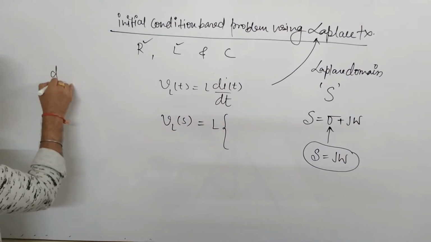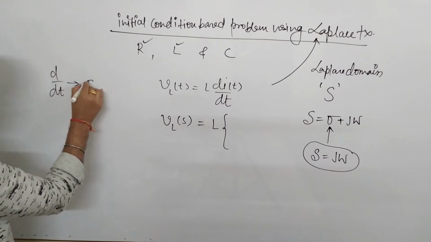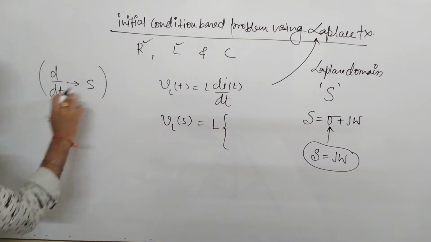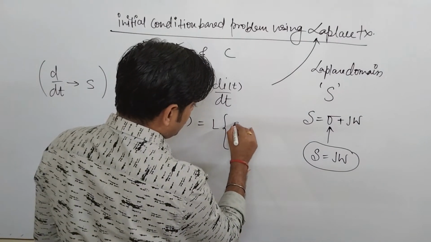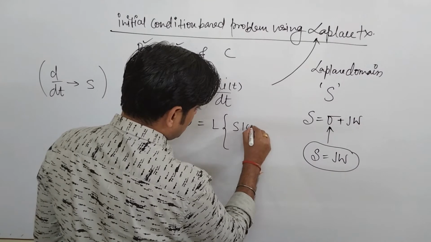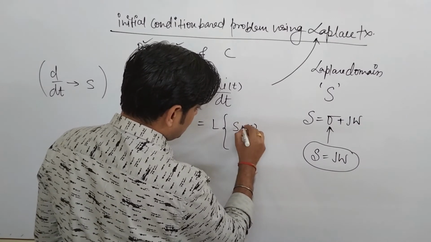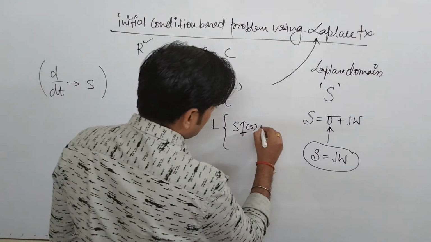The d/dt is a differential operator, and when you convert into Laplace, it is represented by S. So that comes to be S, and here I will take capital I, so that comes to be S I(s).